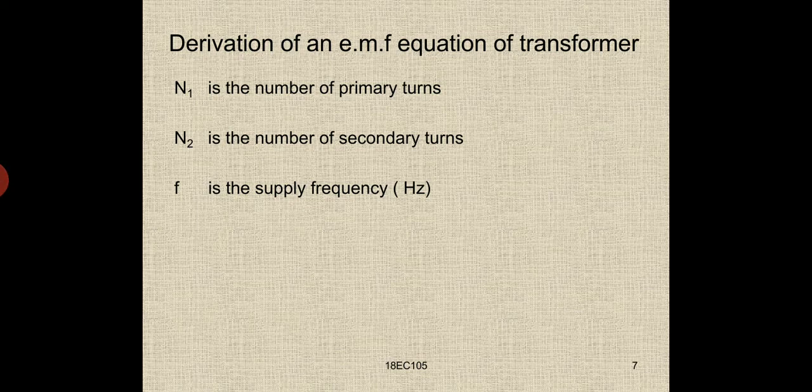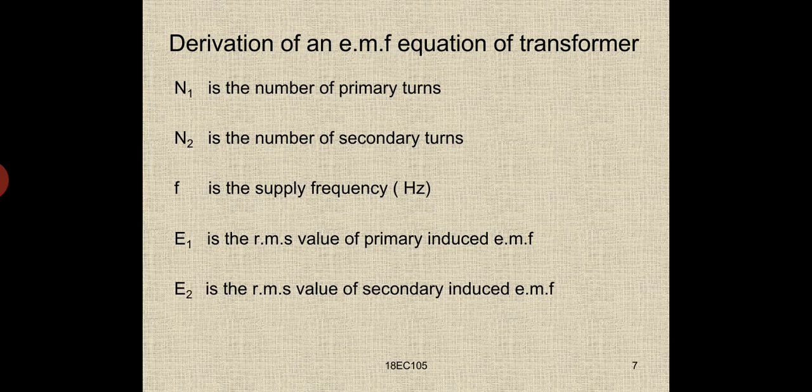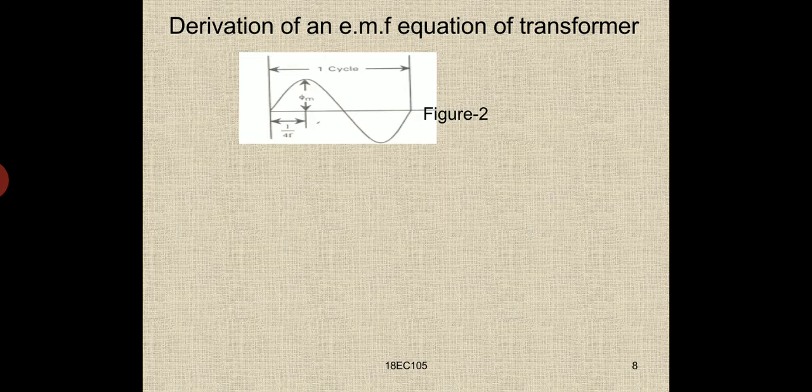Normally in our country it is 50 Hz as we know, and E1 is the RMS value of the primary induced EMF, and similarly E2 is the RMS value of the secondary induced EMF. So this is the derivation of the equation for the transformer.